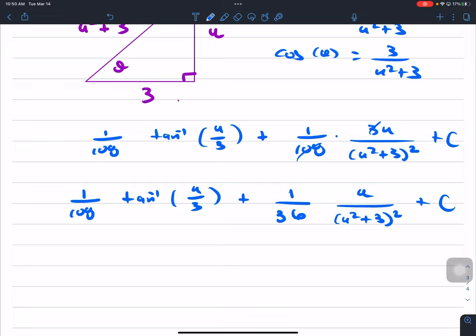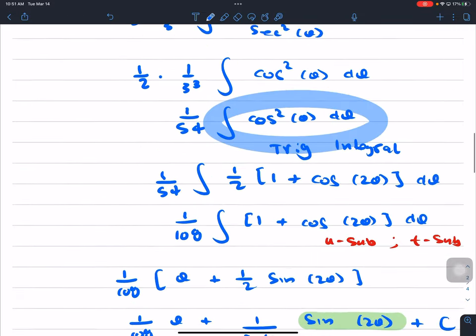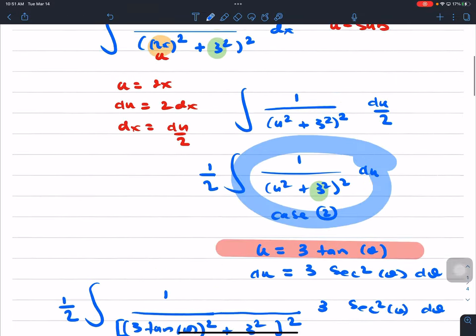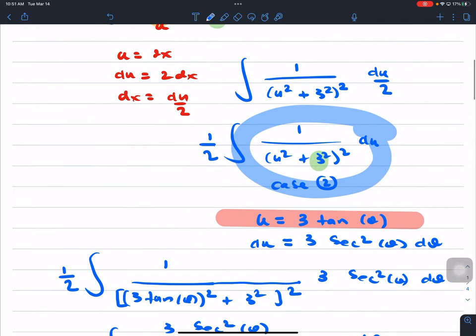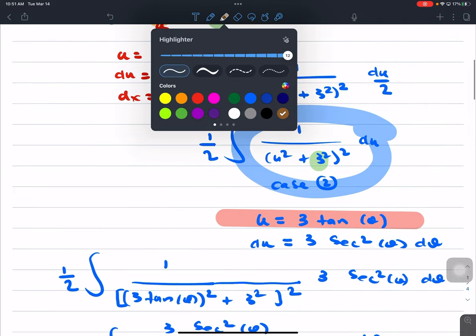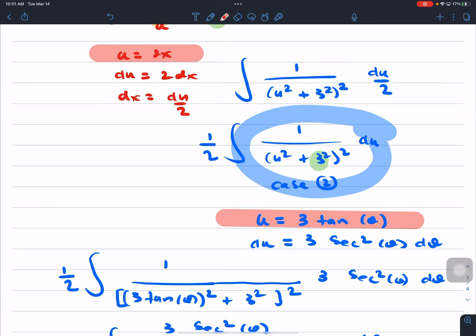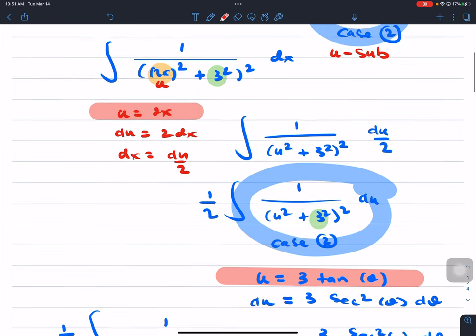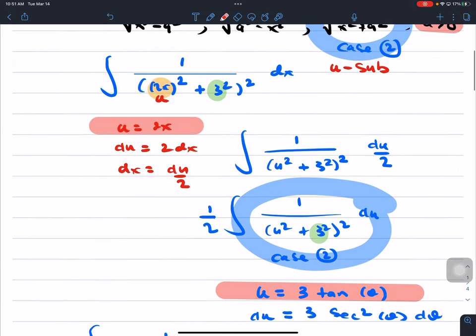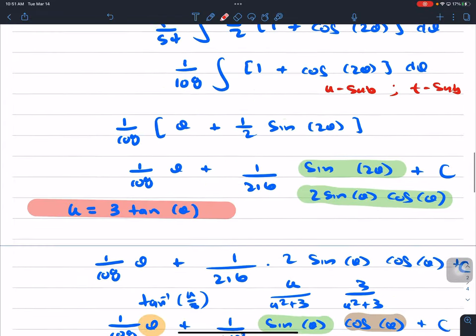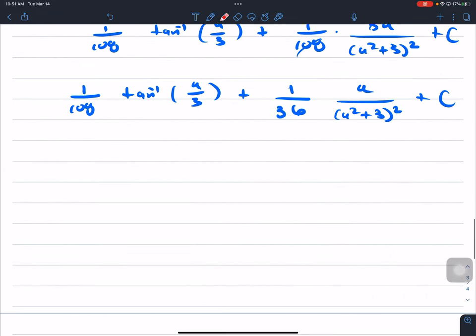But what was u to begin with? So you go all the way back to the beginning. What was u anyway? Wasn't u 2x to begin with? So that u is 2x. So wherever there's a u, you replace it with what? 2x.